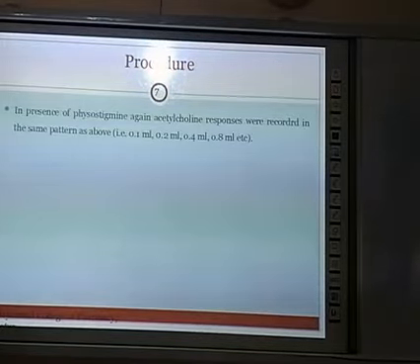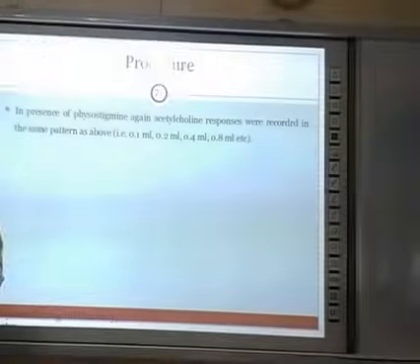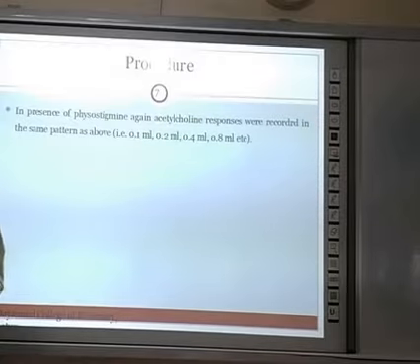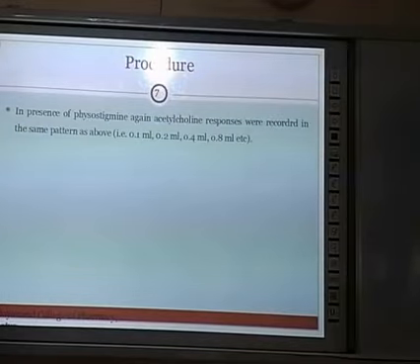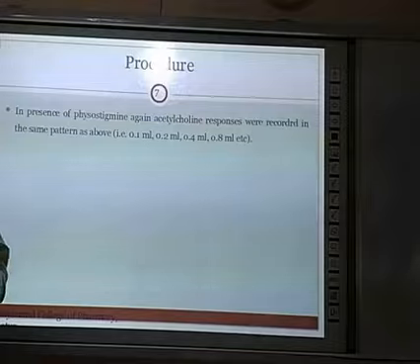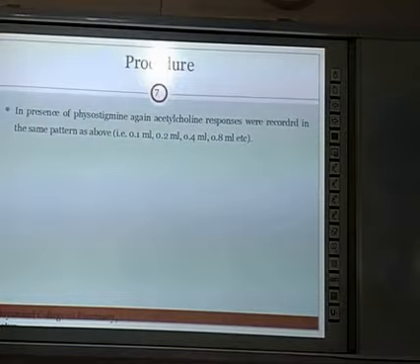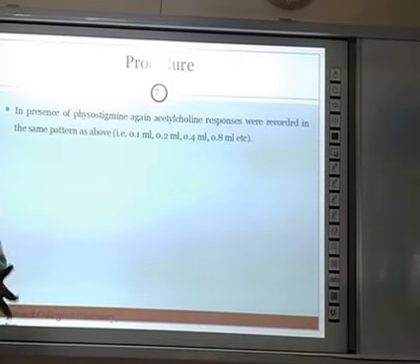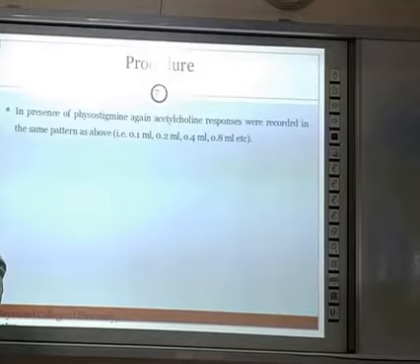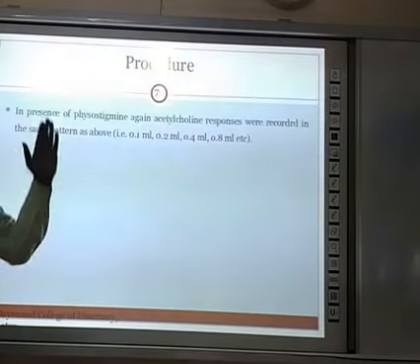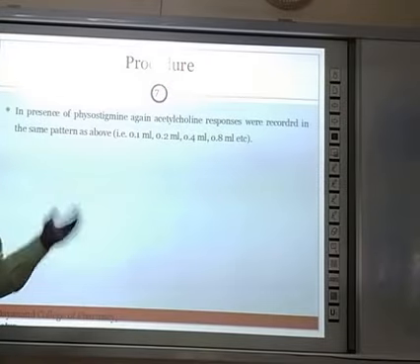Next, in the presence of physostigmine, acetylcholine responses were again recorded in the same pattern as above, like 0.1 ml, 0.2, 0.4, 0.8, 0.16, 0.32, 0.64, up to the selling effect, as we have seen previously.